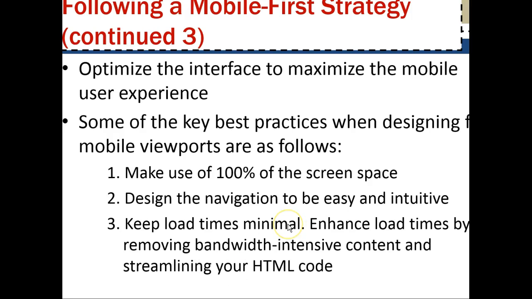These are some key practices when we are designing for mobile viewports. We want to make sure that we use 100% of the screen space. We can design the navigation to be easy as well as intuitive. We can keep the load times minimal, which can be done by removing bandwidth intensive content and streamlining our HTML code.